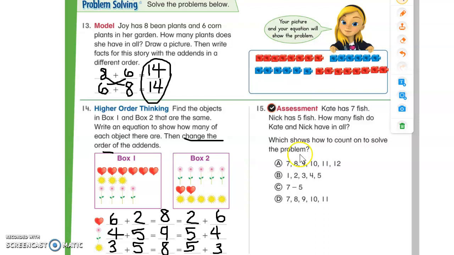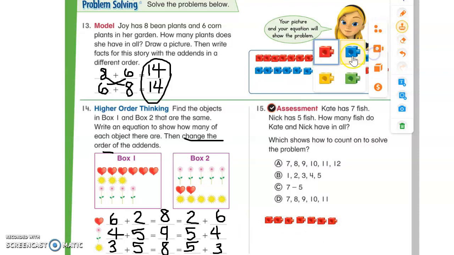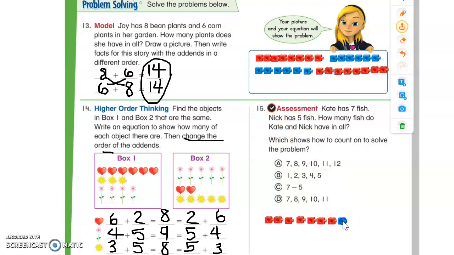So I remember I always start with the bigger number, so 7, and then I would count on 5 fish. I'm going to draw a picture just to make sure I know what I'm doing. 1, 2, 3, 4, 5, 6, 7. And then I'm going to change the color for the boy's fish. 1, 2, 3, 4, 5. So my equation would be 7 plus 5 equals.